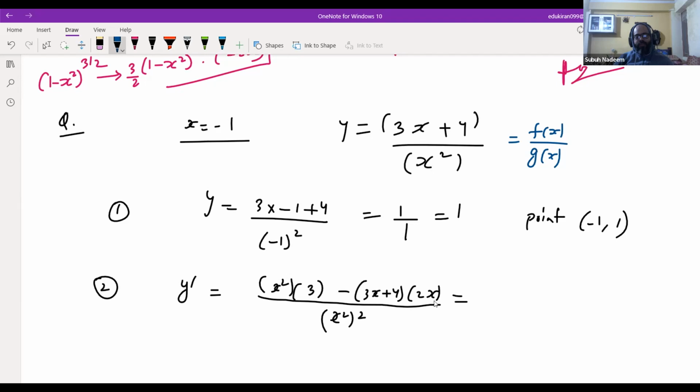Just see the process. If there is a composite function, then you have to apply chain rule. If it is not composite, you will just differentiate as it is.